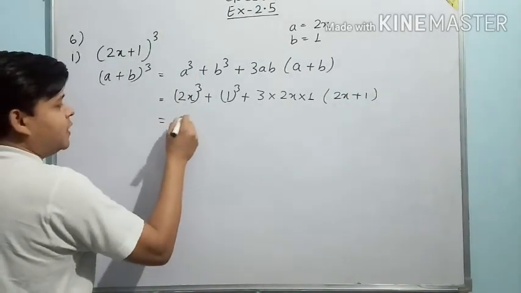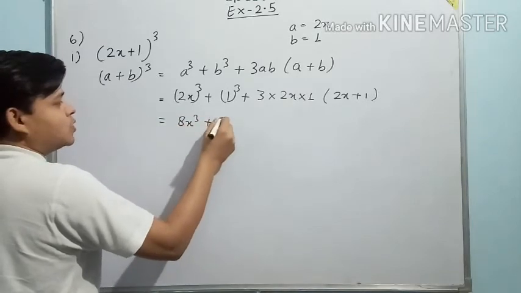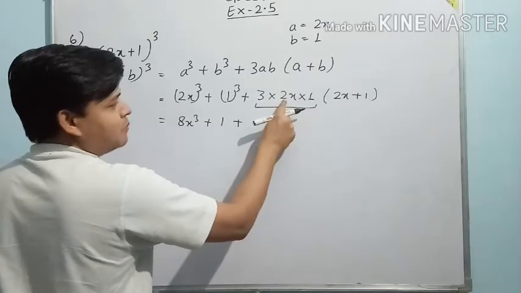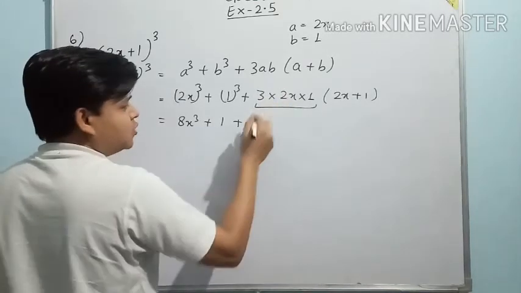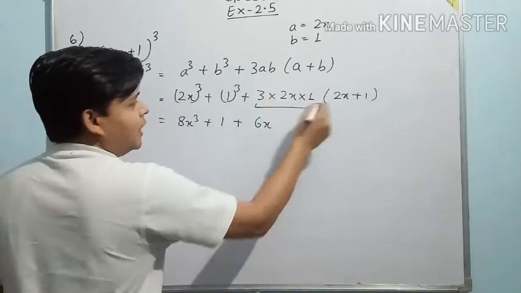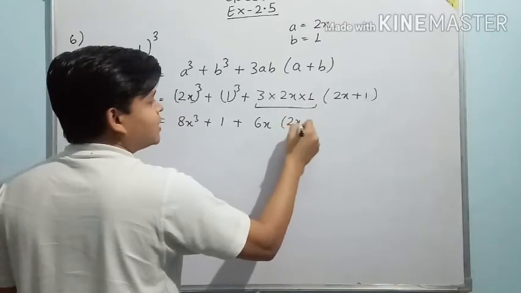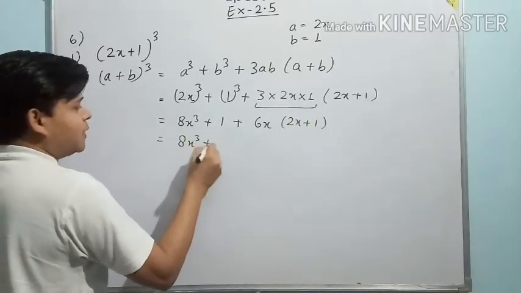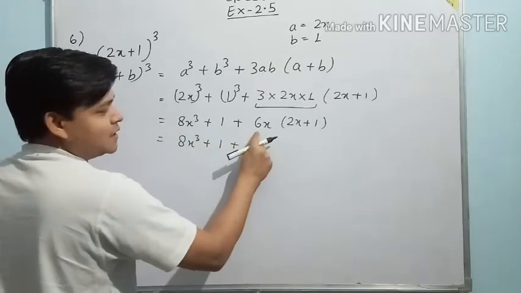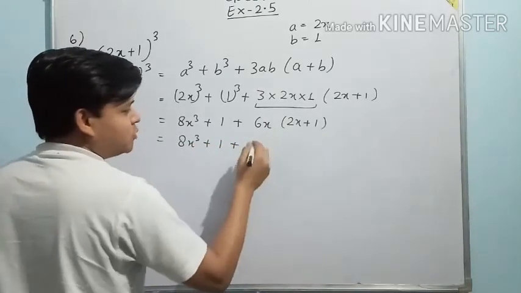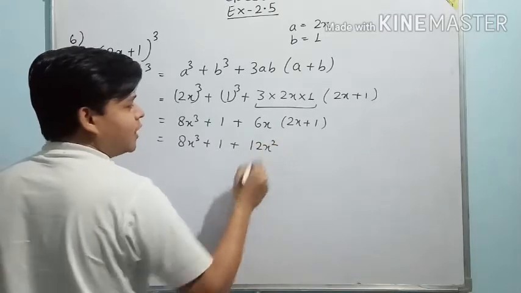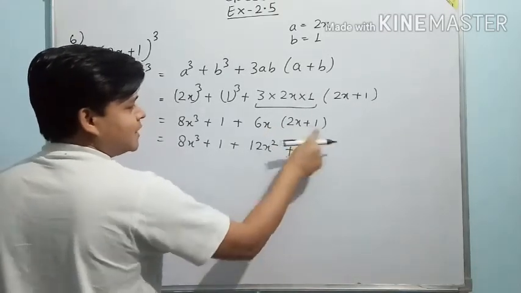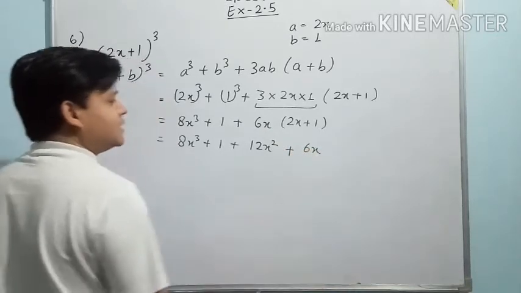Cube of this will be 8x cube plus 1 plus, 3 times 2 is 6, so 6x, times (2x + 1). So 8x cube plus 1 plus, multiplying 6x with this, 6 times 2x is 12x square, plus 6x into 1, so 6x.